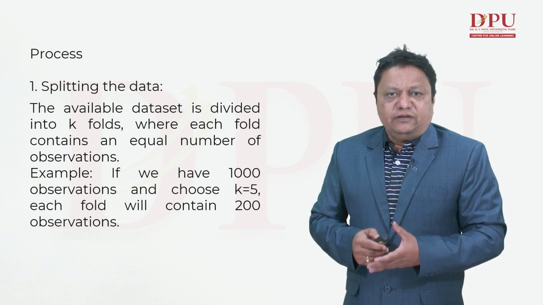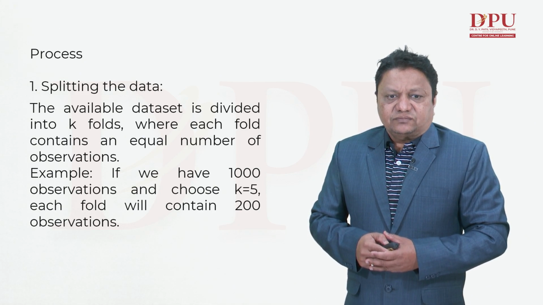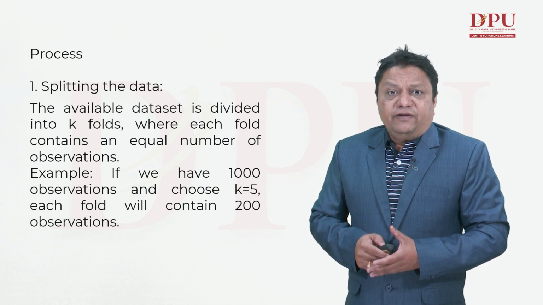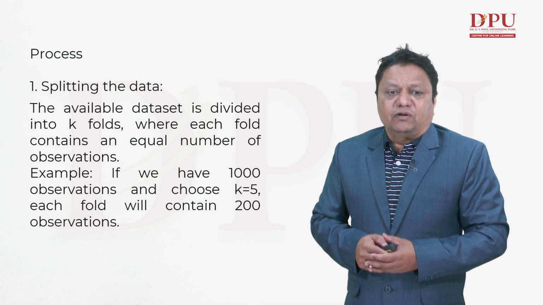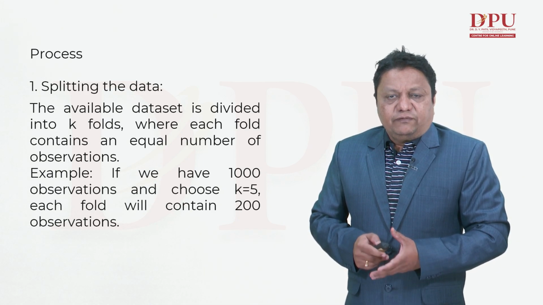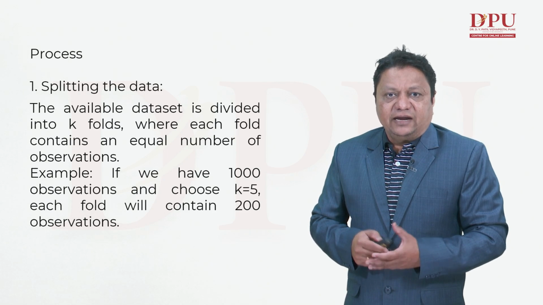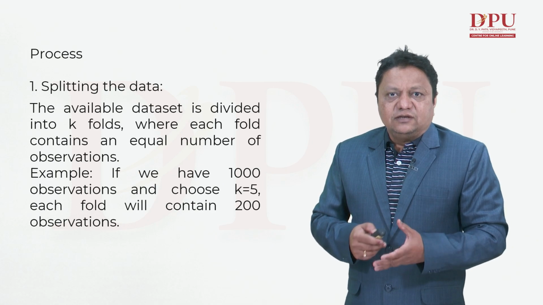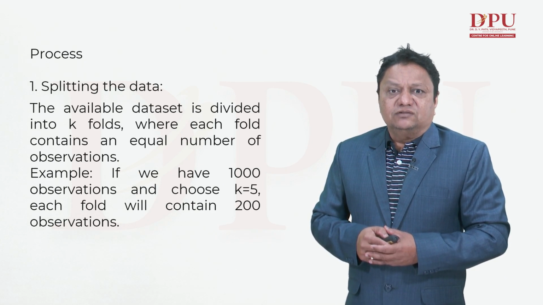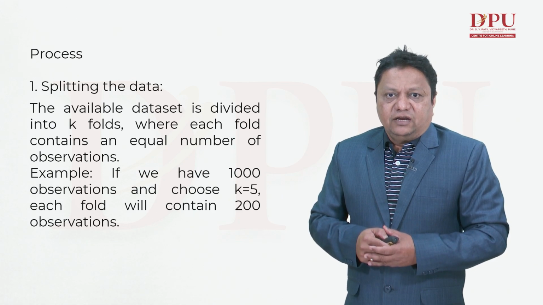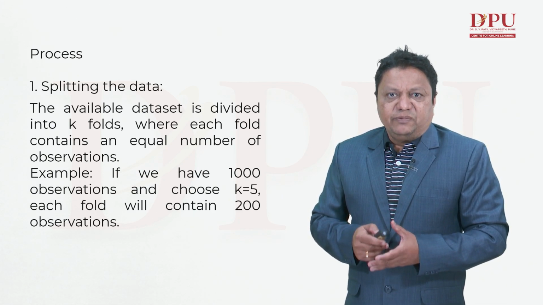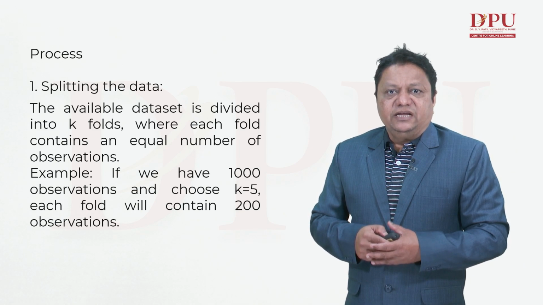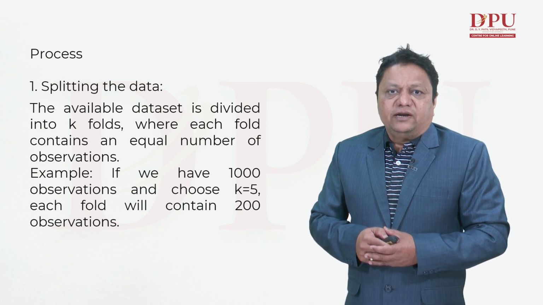What is the process? In the first step, we split the data. The available data set is divided into k folds, where each fold contains an equal number of observations. For example, if we have 1000 observations and we select k equal to 5, it means that there are 5 sets, and in each set we will have 200 observations.